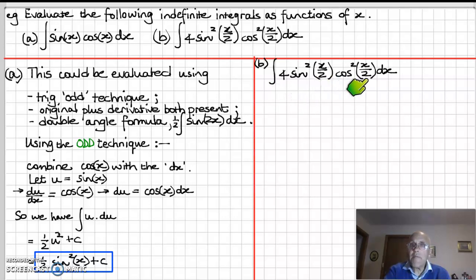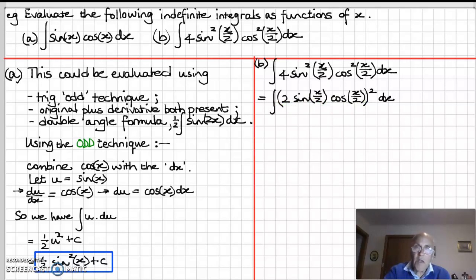Right, now what's this beast doing? Looks nasty. Once you develop an eagle eye for these things, which you will after quite a bit of practice, it's going to be that. See, that is 2 sine x over 2 cos x over 2 all squared. And the reason I'm saying that is because that thing is a double angle. See, that is actually sine of x all squared.